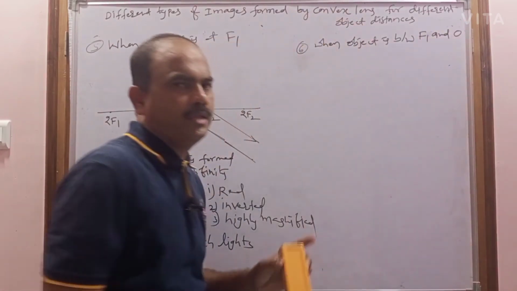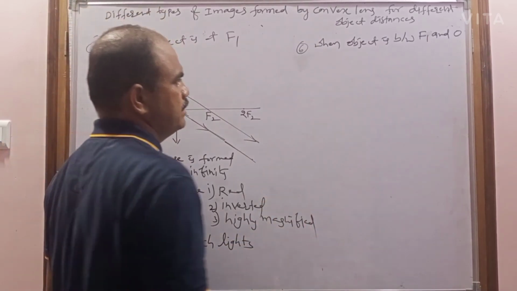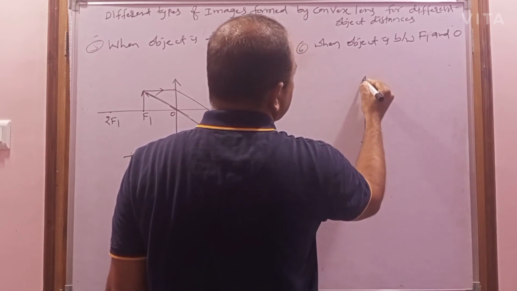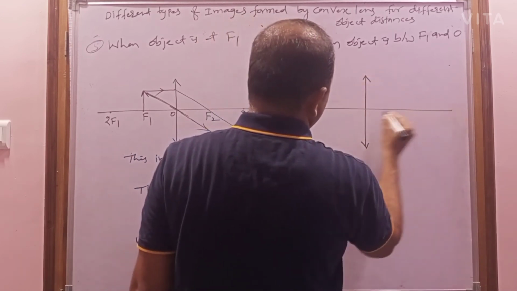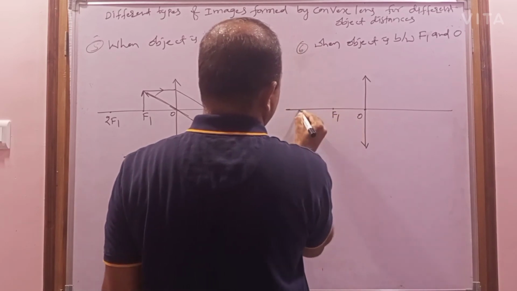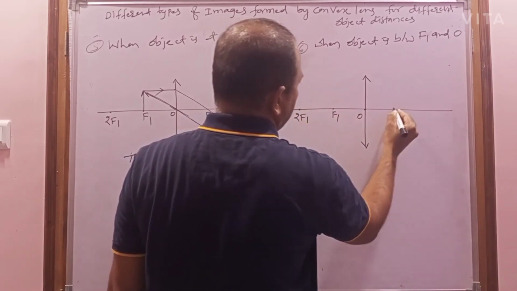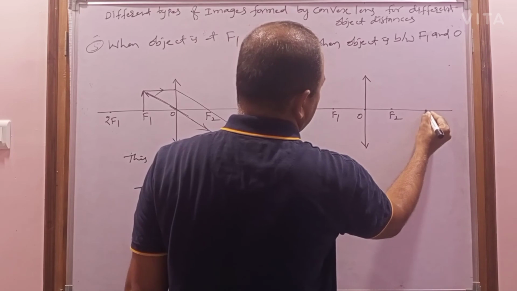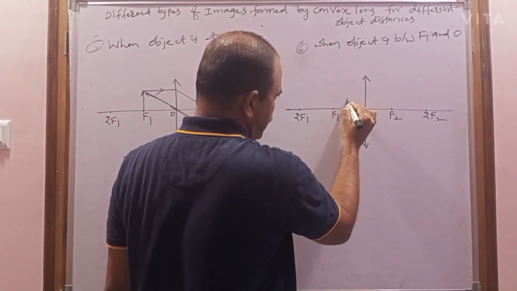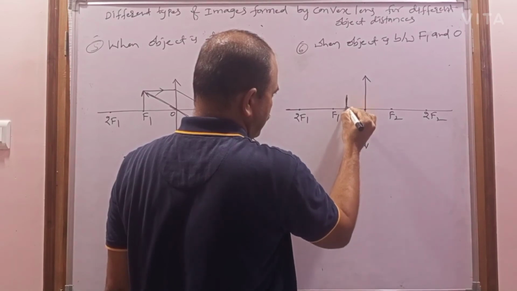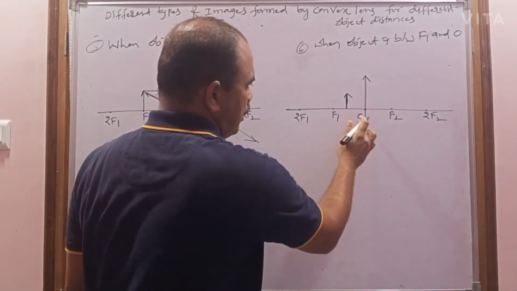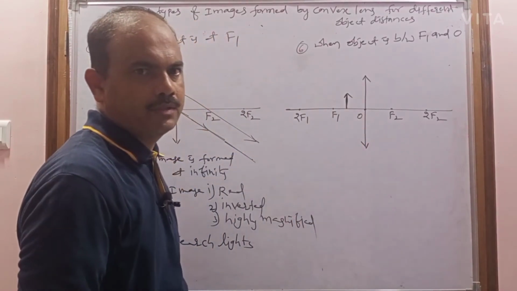Now consider this is the convex lens and this is the principal axis, optic center O, F1, 2F1, F2 and 2F2. Now I am taking the object between the optic center and focus.